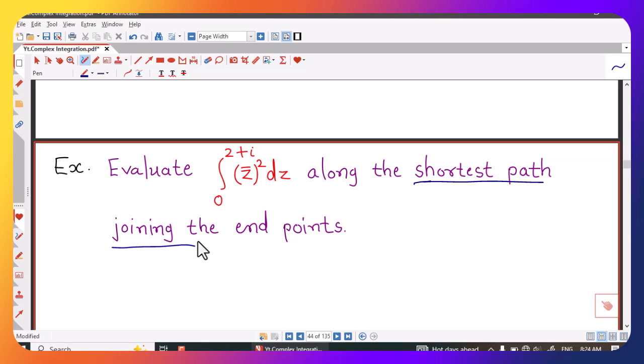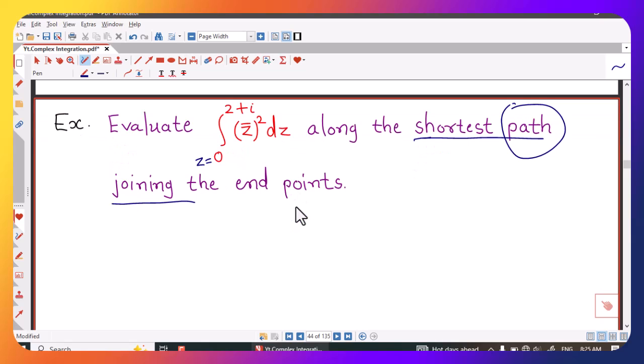Here we are not given the contour of integration or path of integration, but we have to consider the path of integration as that path which is the shortest path between the end points z equal to 0 and z equal to 2 plus i. So we have this type of situation.